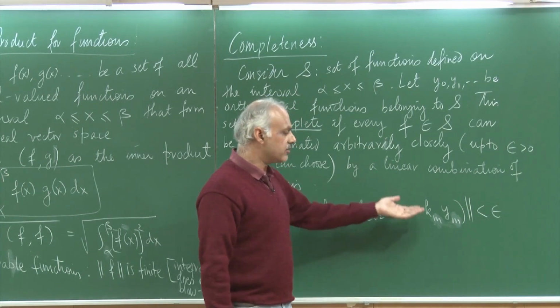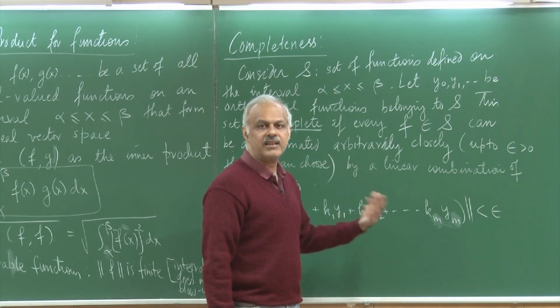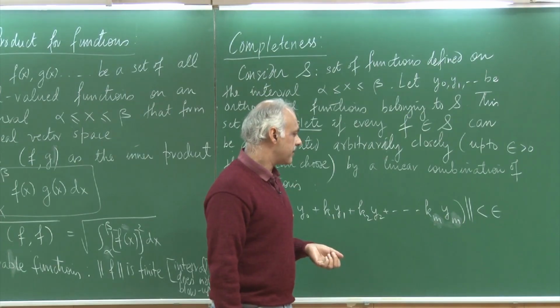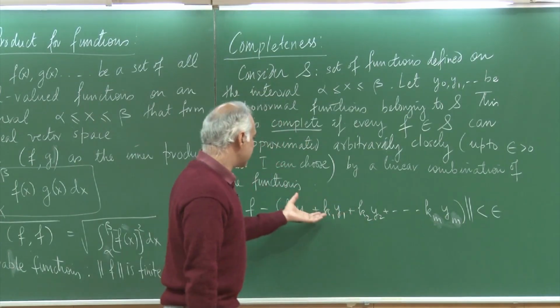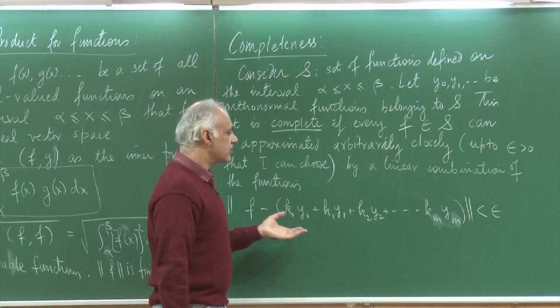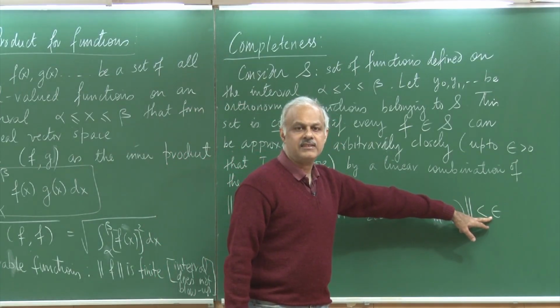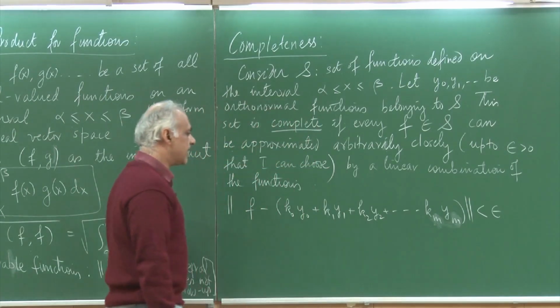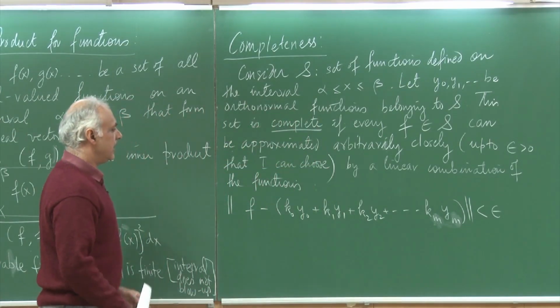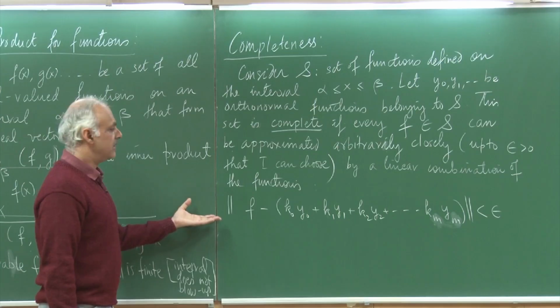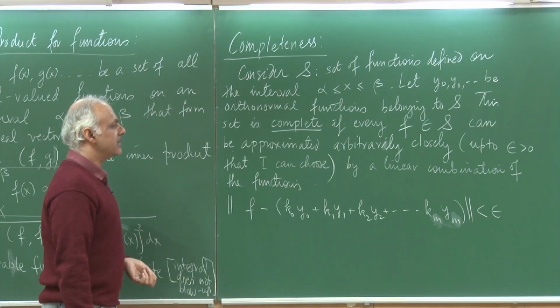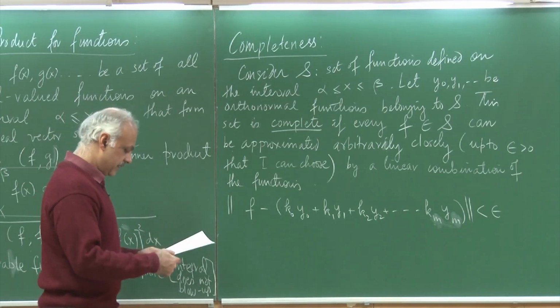I can use 10 of these functions, I can use hundreds of these functions and so on. And the approximation can get as close as possible up to my specification. Okay? So it's a very tight approximation. If that happens, then I would call these functions to be complete.